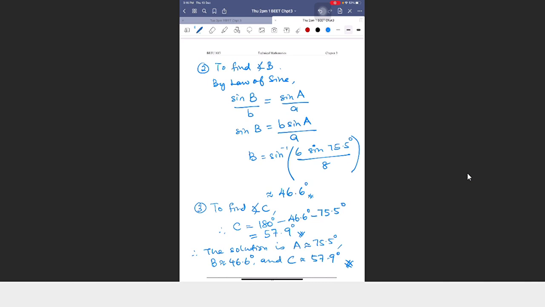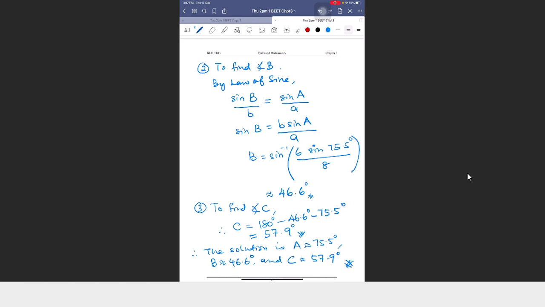Okay, any questions? So again, basically, this is law of cosine. This is case 4. Even case 3 just now requires law of cosine. Case 3 and case 4 are the cases where the first step is definitely to apply law of cosine.